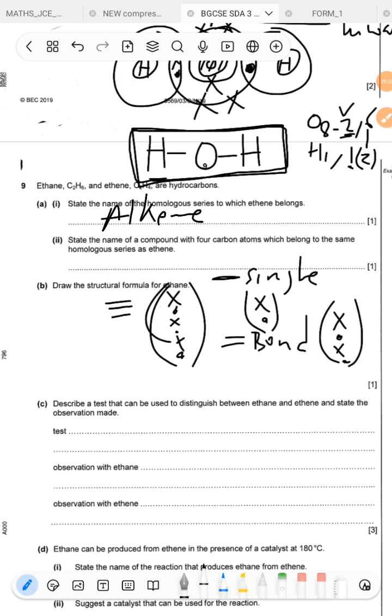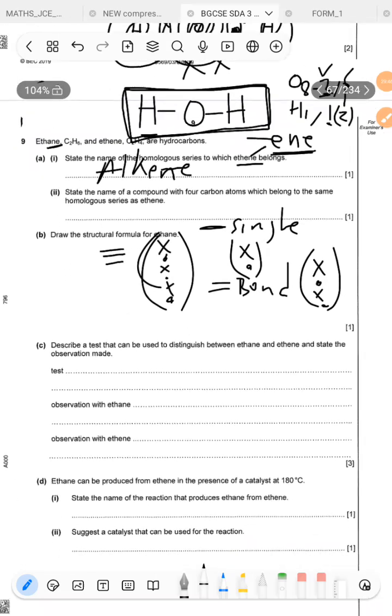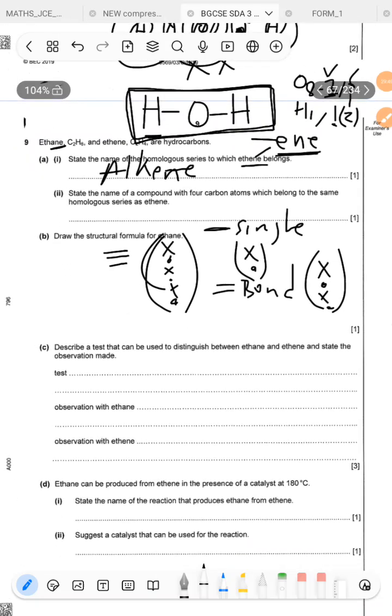Alkenes have a name ending of ene, hence alkenes. And alkanes, you have ane. Roman figure 2 says state the name of the compound with 4 carbon atoms which belongs to the same homologous series as ethene.